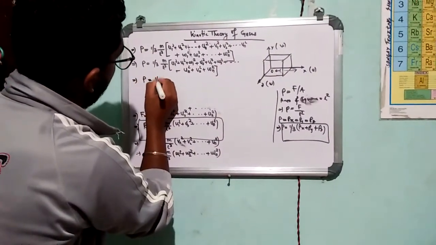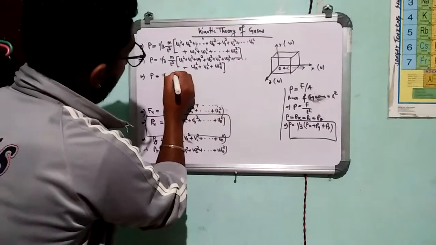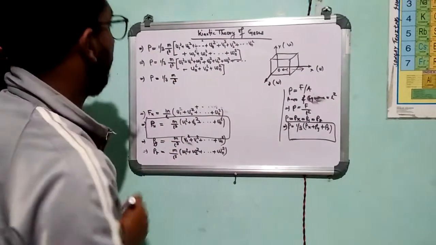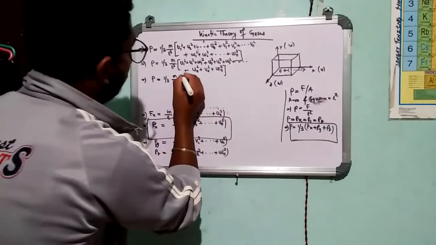Okay, so now P is equal to 1 by 3 m by l cube.